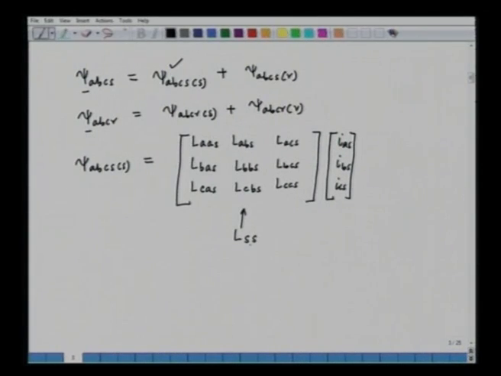It means something like a self inductance of the stator, the flux linkage in the stator due to its own current. So we can say that capital LSS is the self inductance of the stator. All right.